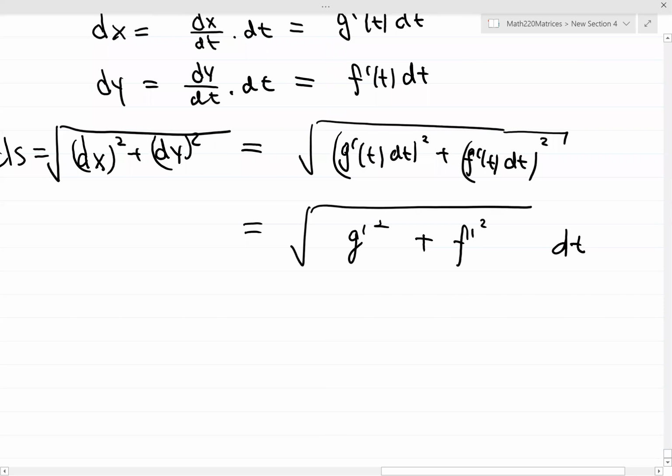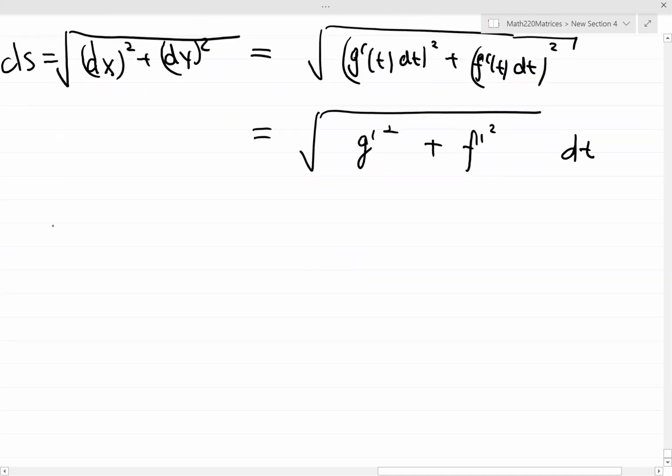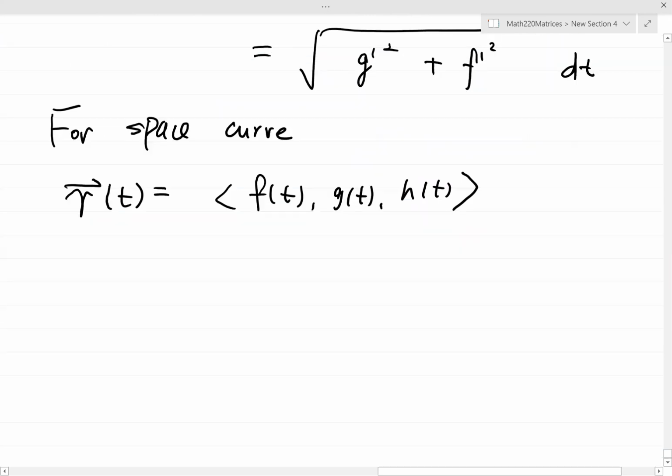If we are dealing with 3 components, for a space curve, let's say r(t) is given by (f, g, h), and we assume the curve is nice in the parameter t.